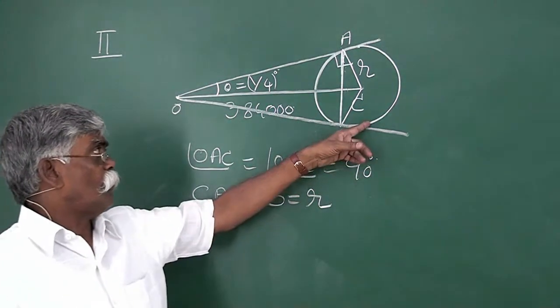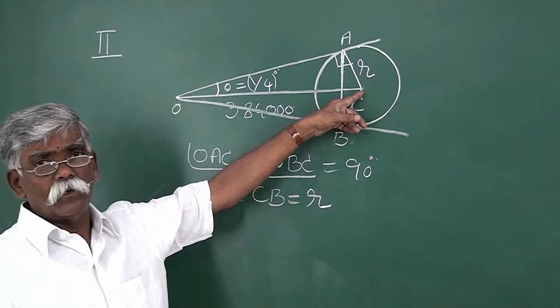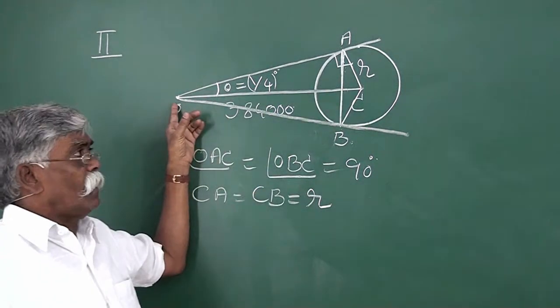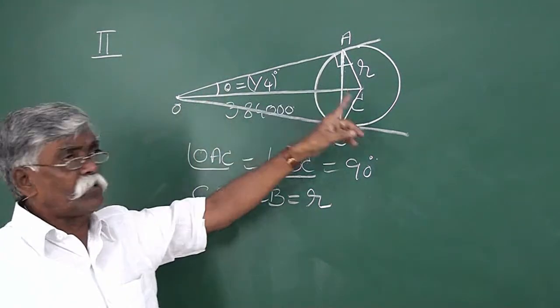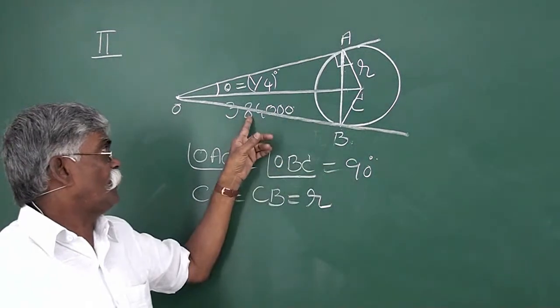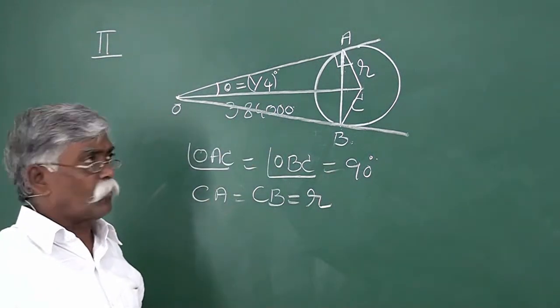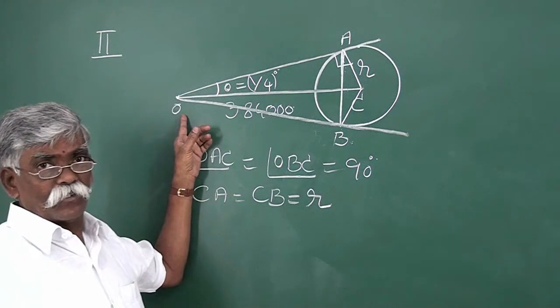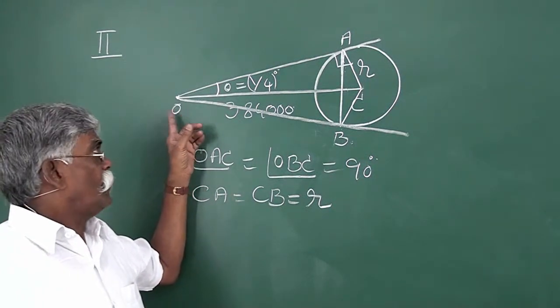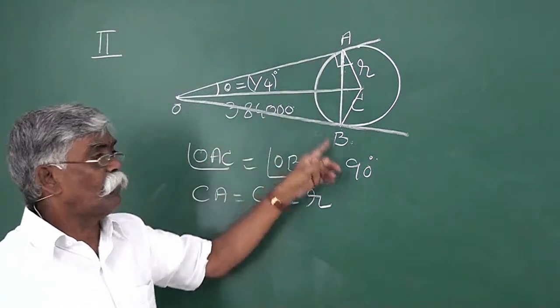Now this is the position of the moon, this is the center of the moon, and the observer is here, and the distance from the observer to the center is given here, and a tangential cone is made so that the vertex is at the observer, therefore the tangential cone is OAB.